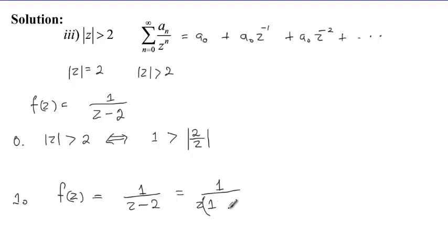You divide 2 by z, you get minus 2 over z. Reorganizing this, we can write it as 1 over z, square brackets, 1 over 1 minus 2 over z.